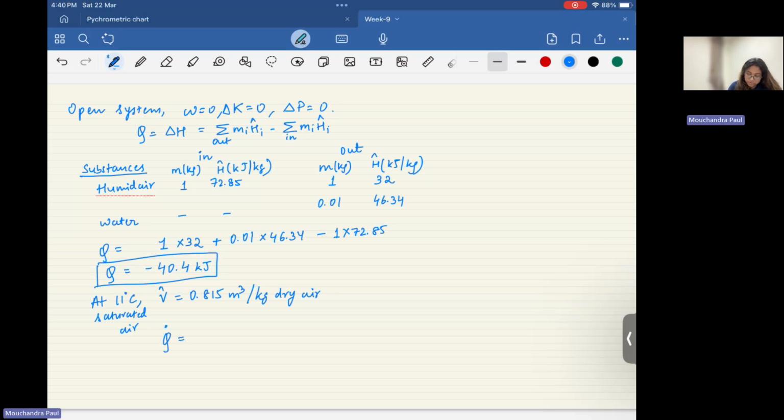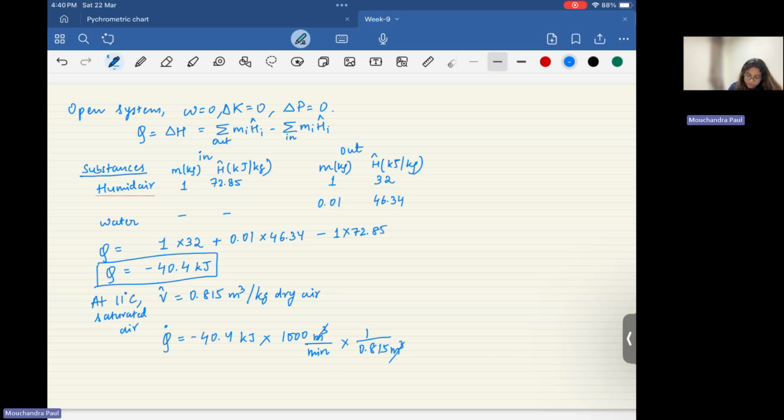So then Q dot will become this heat that we just calculated, into 1000 meter cube per minute, divided by a volume of 0.815.